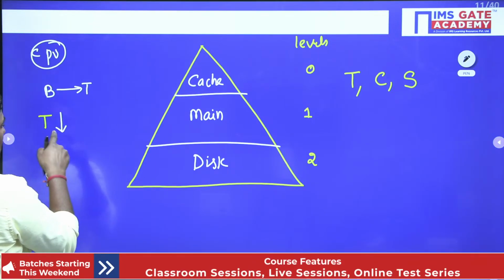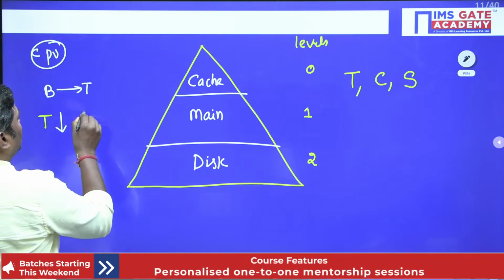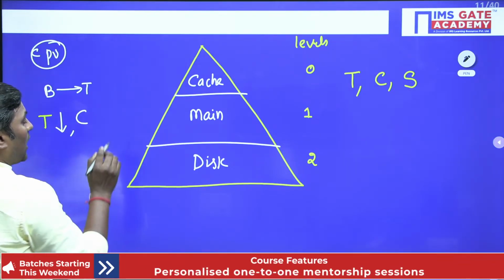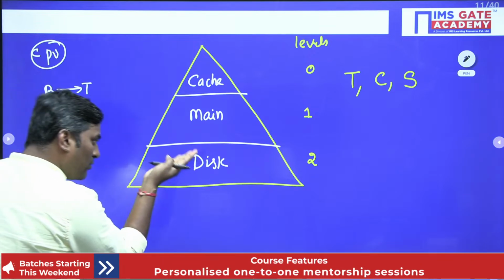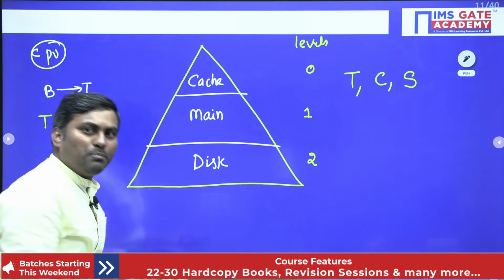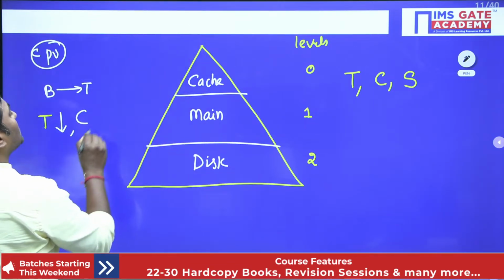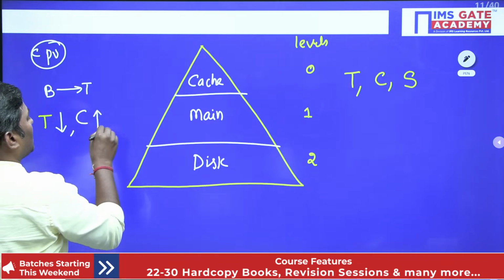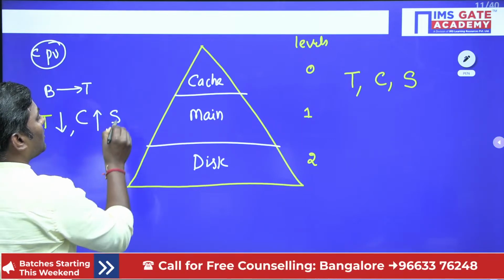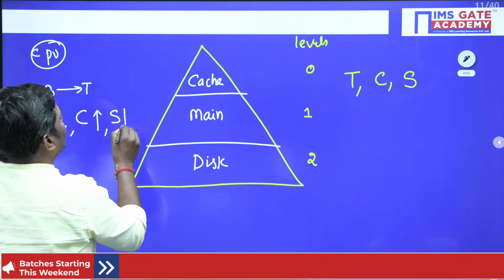Now the cost: bottom level memories are cheaper and top level memories are costly, so going bottom to top, cost will increase. Size: upper levels have smaller size, so size will decrease.